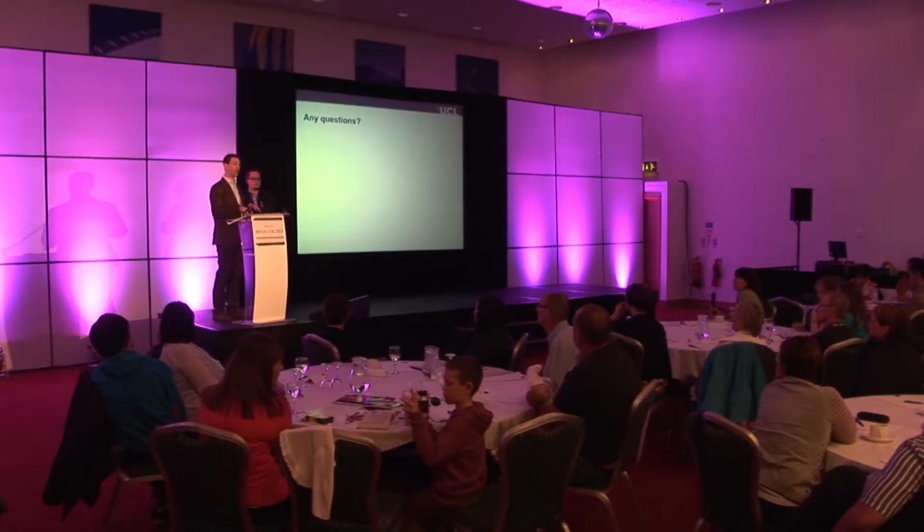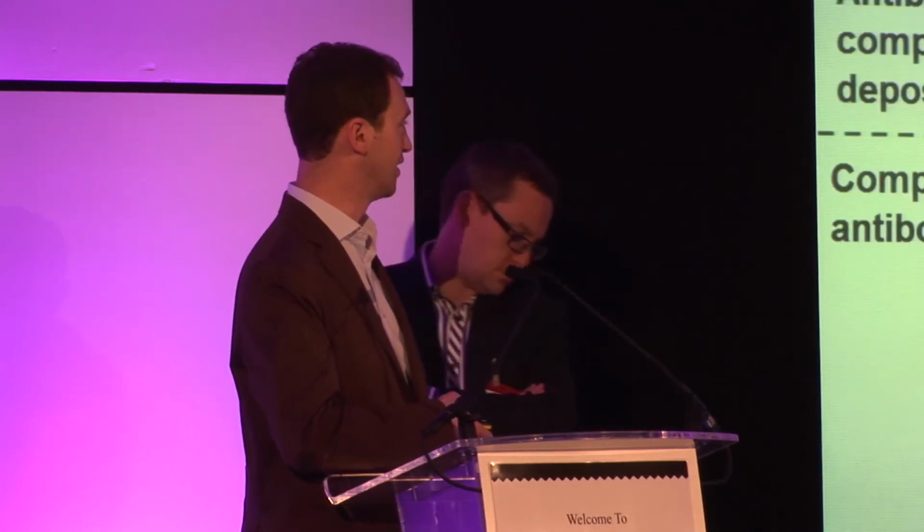Type 1 MPGN really encompasses all the other types of MPGN, apart from the very rare type 3, which is slightly different. The way that those were defined is actually where the electron dense deposits were on the kidney biopsy.